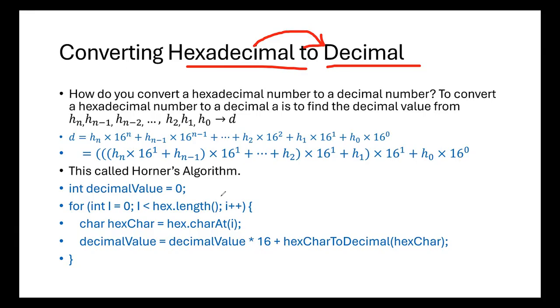So hexadecimal is actually a string, something like A, B, E, F. We'll convert this to a decimal value. So now let's do this in a function.